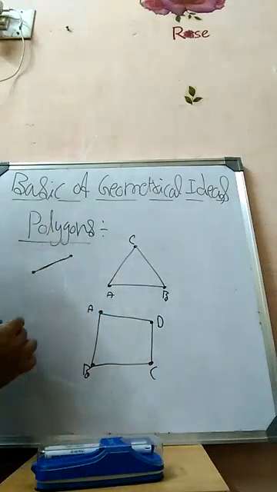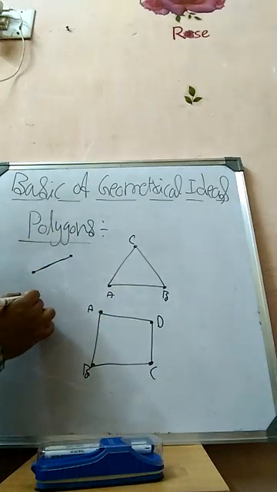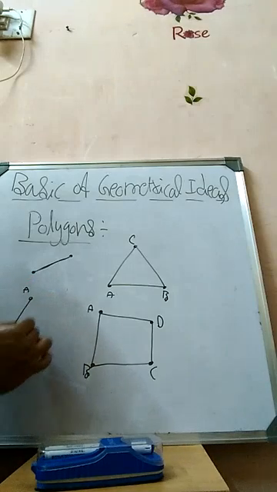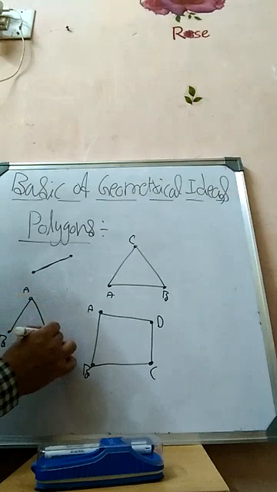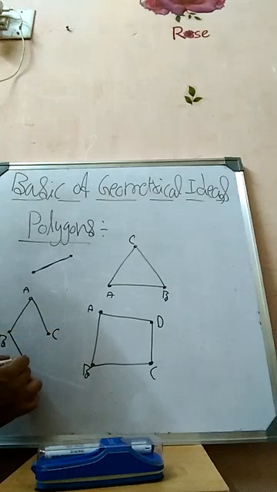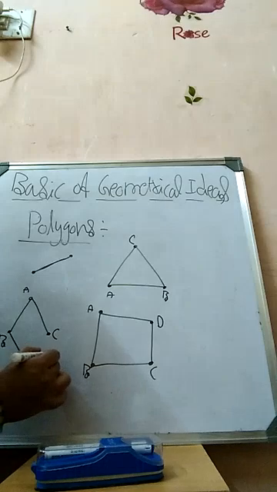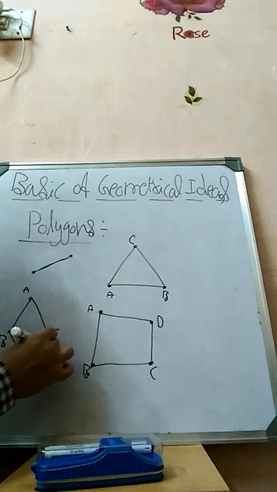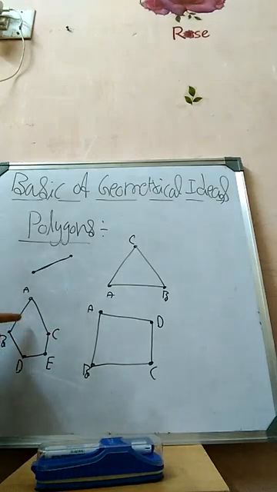Next, one more, also observe: AB, AC, BD, DE and C. So here this one is also a simple closed figure, also bounded by line segments.